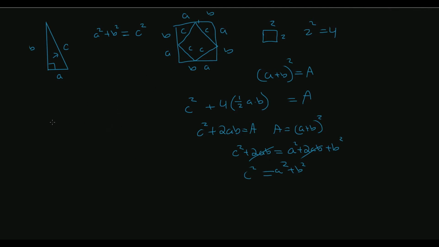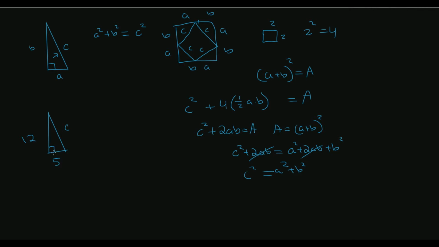So let's do a couple of problems. Where does this come into play? If I have a right triangle and I do not know the hypotenuse, but I know that one of the legs has a measurement of 5 and one of them has a measurement of 12, I can find the length of the hypotenuse because I know this is a right triangle and I know two of the other sides.